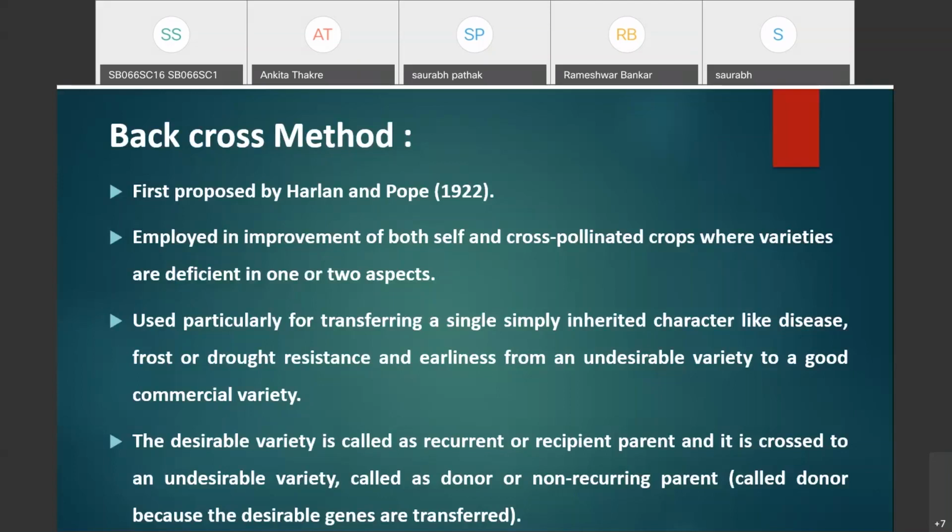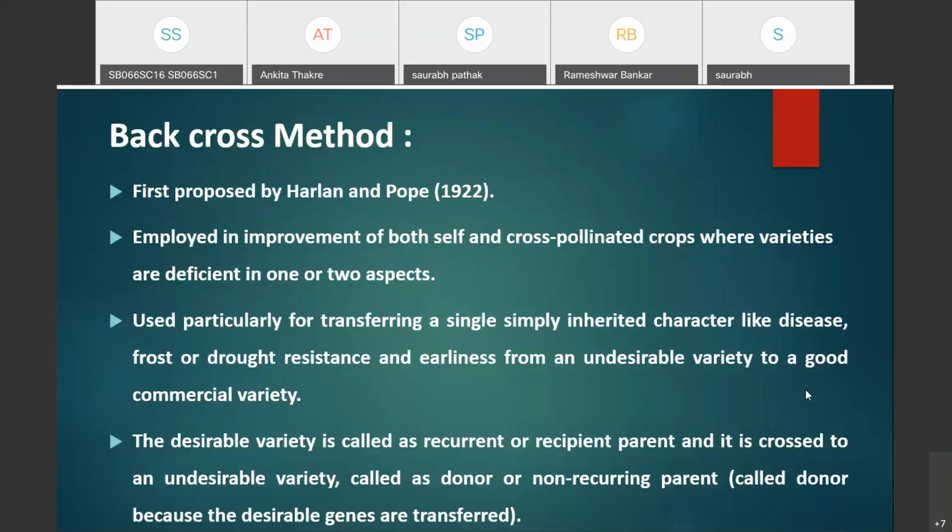Here the desirable variety is called the recurrent or the recipient parent. This desirable, commercial variety is crossed with an undesirable variety, and that undesirable variety is called the donor or non-recurrent parent.